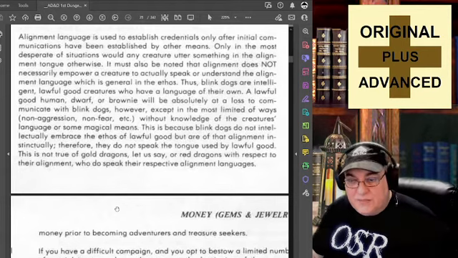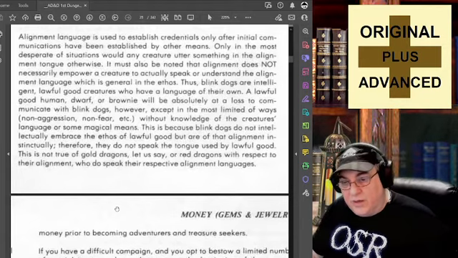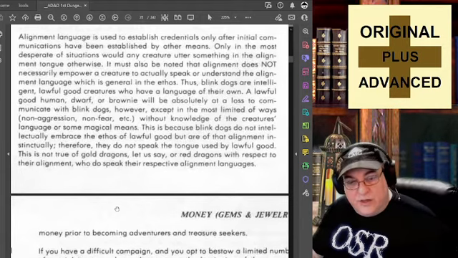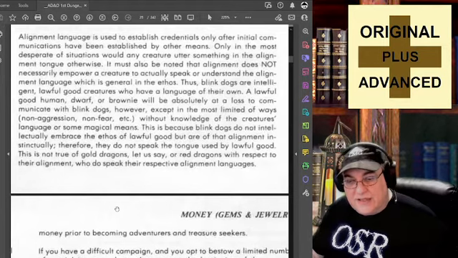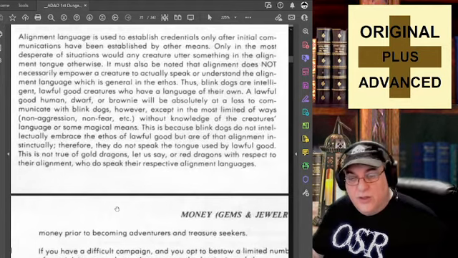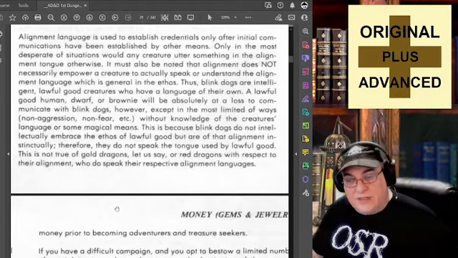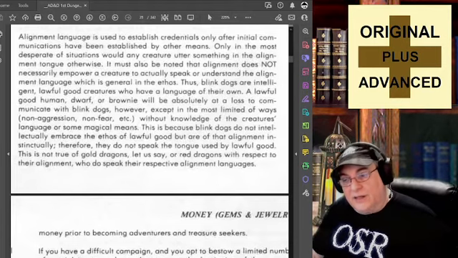This is because blink dogs do not intelligently embrace the ethos of lawful good, but are of that alignment instinctually. Therefore, they do not speak the tongue used by lawful good. This is not true of gold dragons, let us say, or red dragons with respect to their alignment, who do speak their respective alignment languages.